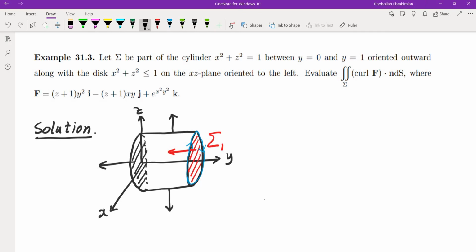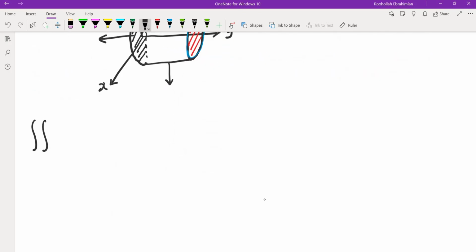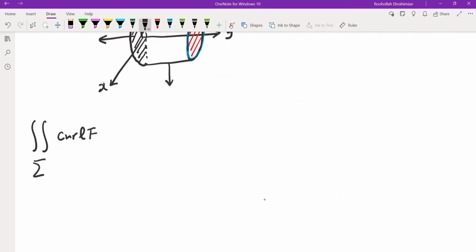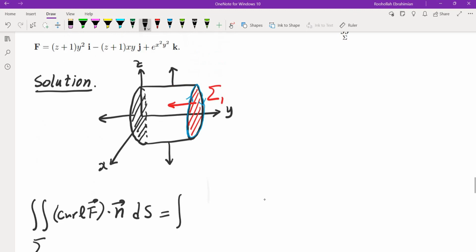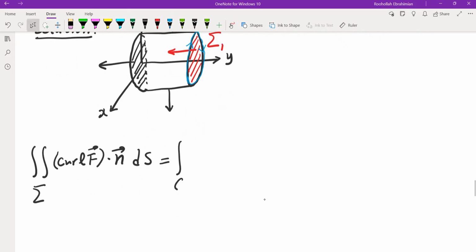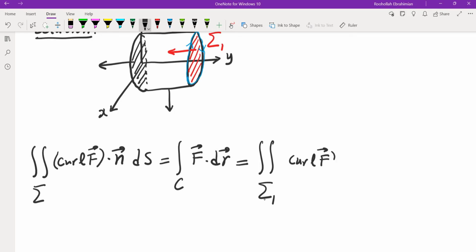So what we can do is say by Stokes theorem, the surface integral of curl of f dot n dS is equal to, or let me write down the connection here. If you call this curve C, we would get the line integral of f dot dr over C. That's Stokes theorem, and that's the surface integral of curl of f dot n dS.